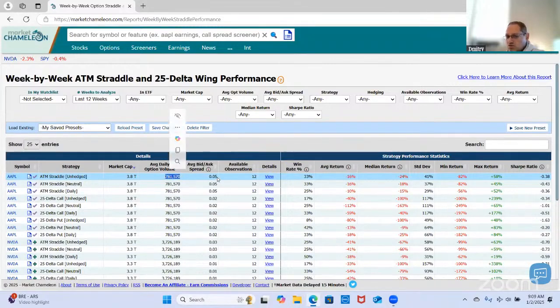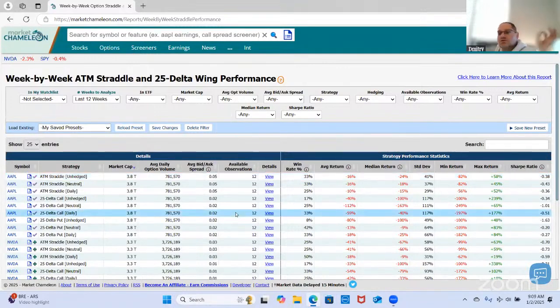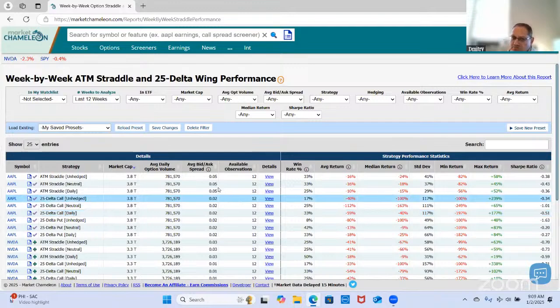Next to it, we see the average bid-ask spread in the straddle in our observations. So on average, when we track this strategy, the bid-ask spread was 5 cents. And that also is a liquidity measure.